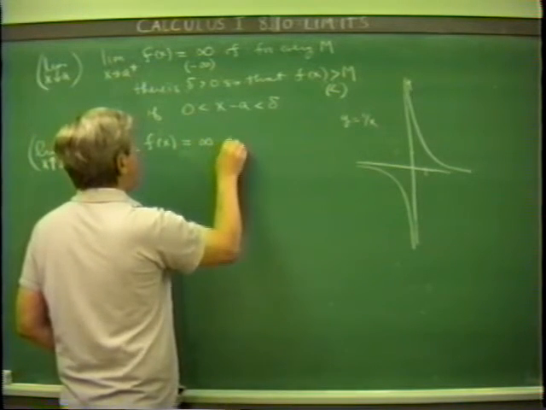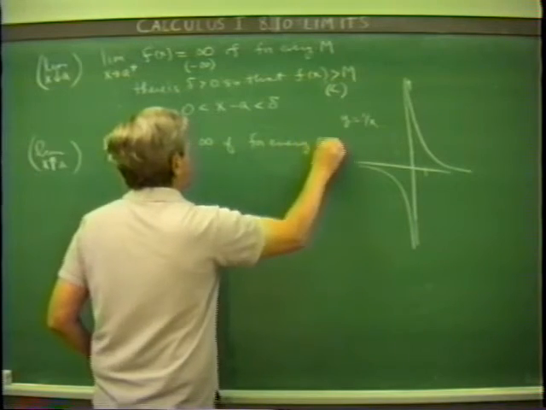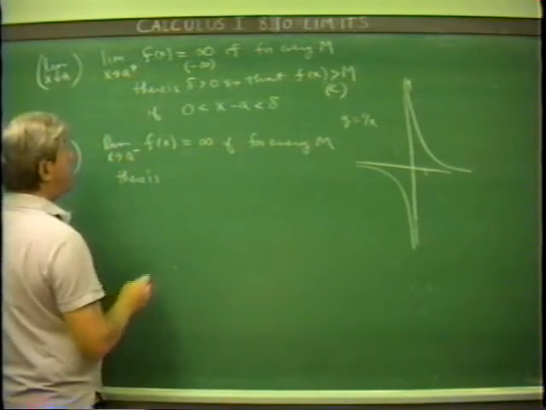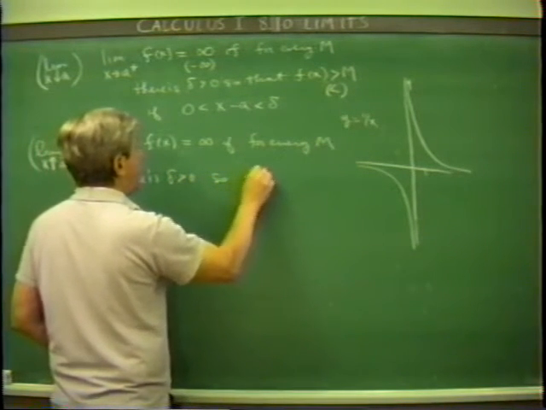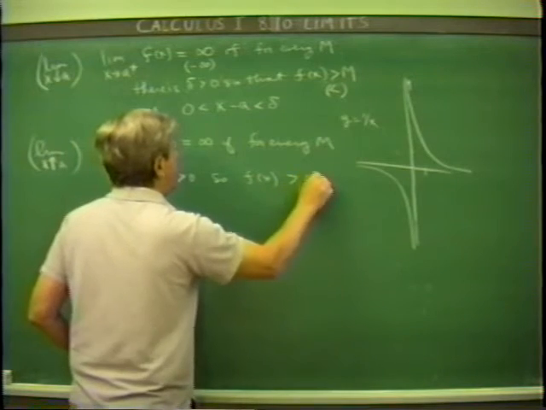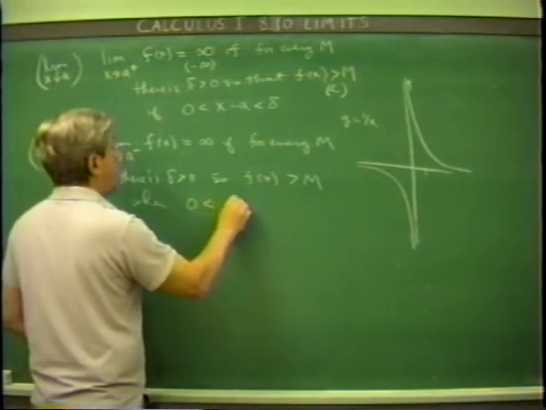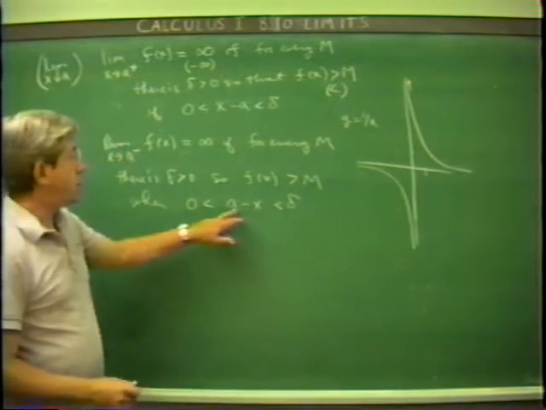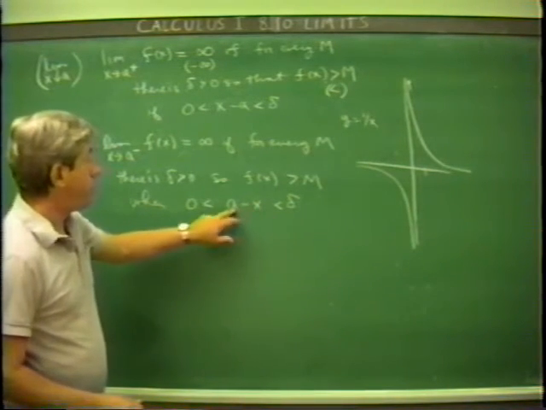Anyway, the limit as x approaches a on the left, with the minus sign here, of f of x is equal to infinity if for every m there is a delta greater than 0 so that f of x is larger than m when 0 is less than a minus x is less than delta.